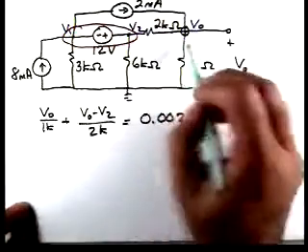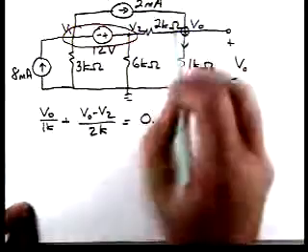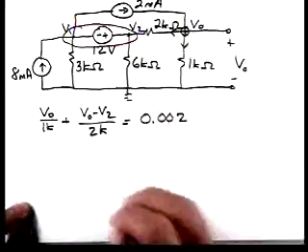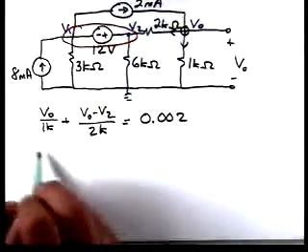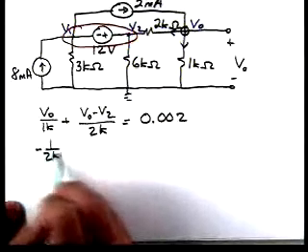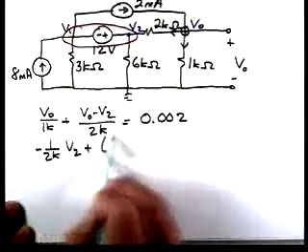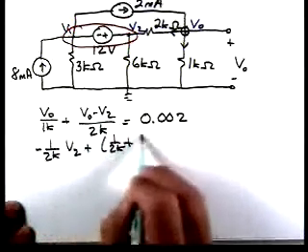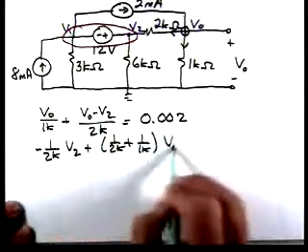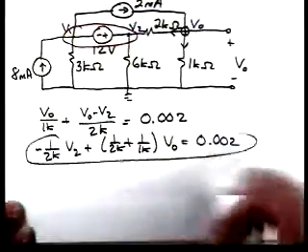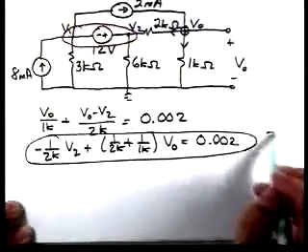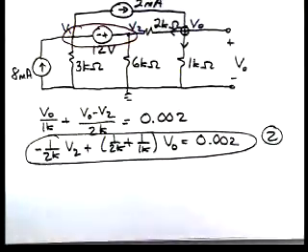So this first term is the current leaving here. This term is the current leaving here. And then we have 2 milliamps entering. Okay, so this can be rewritten as follows. Okay, so there's our second equation.